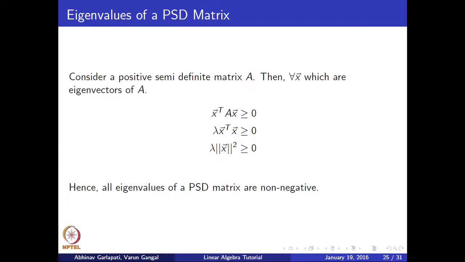Now, since Ax equals lambda x, x transpose Ax simplifies to lambda times norm of x square, greater than or equal to 0. Since eigenvectors are non-zero by definition, the square of the norm is always positive. This means that every eigenvalue of A is non-negative.